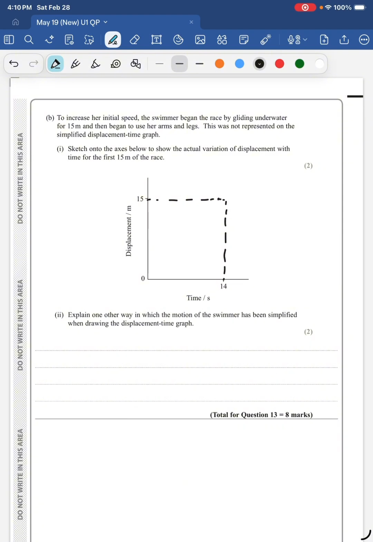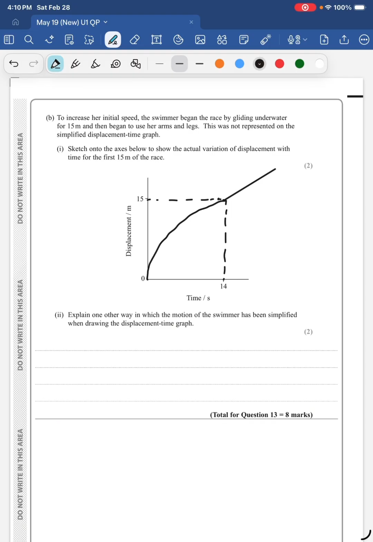So she is going to do something like this kind of motion. Initially she's going to gain a lot of distance, but eventually it's going to fall off and be linear. So beyond this point it's going to be linear, okay? Something like that.